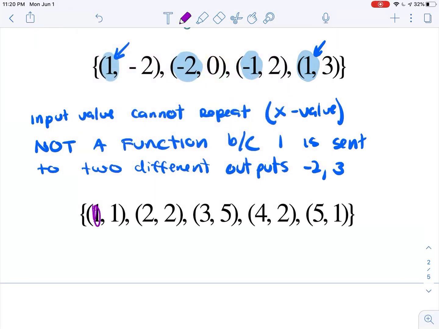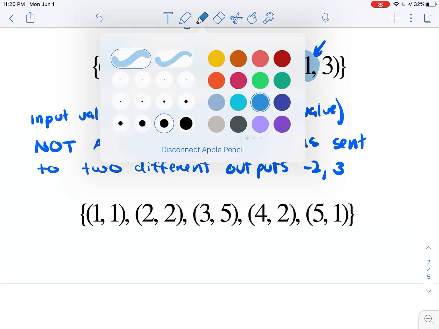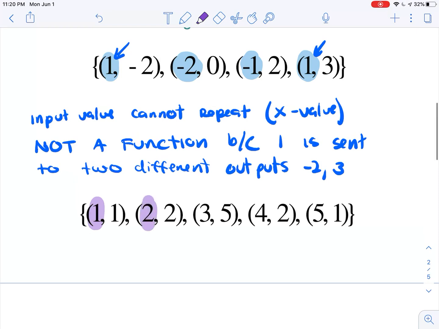Now let's take a look at the second one. 1, 2, 3, 4, 5. Do any of those x values repeat? The answer is no. So this is a function.